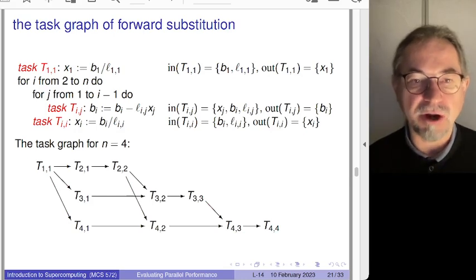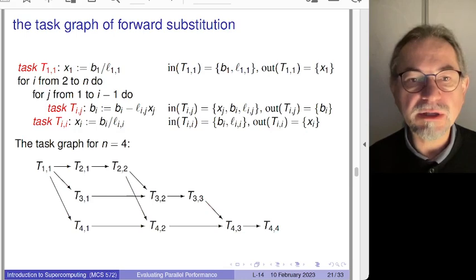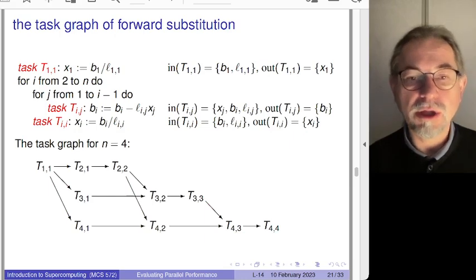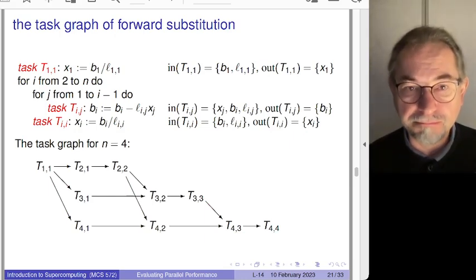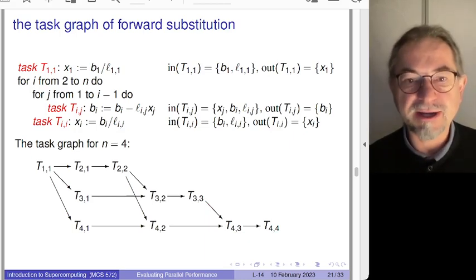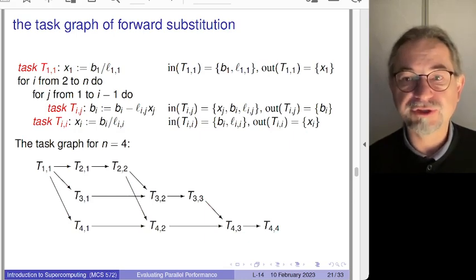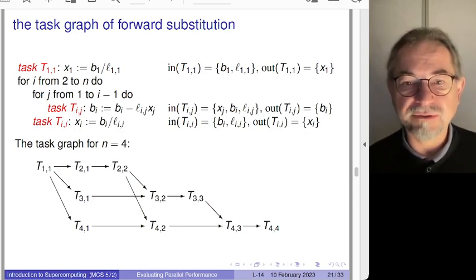We update B2, B3, B4. Then we compute X2. That's the task T22. After which we can update B3 again and B4 again. Then we compute X3 before the update of B4 once more, and then we can compute X4.